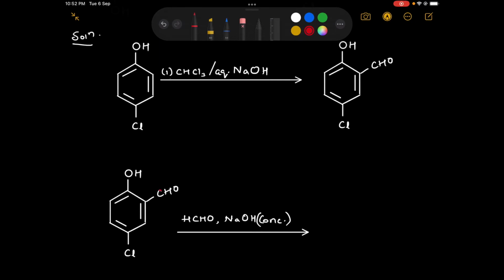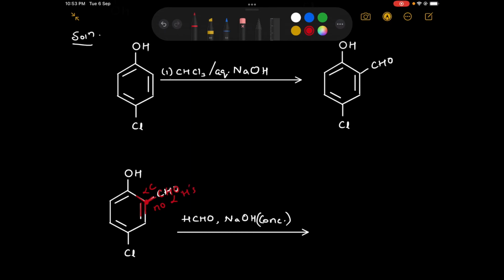Now what is an alpha hydrogen? See, this is the aldehydic group here, and the carbon that is bonded to the aldehydic group is called the alpha carbon. But to this alpha carbon there are no alpha hydrogens present. We are having all the bonds being satisfied. So basically there are no alpha hydrogens.